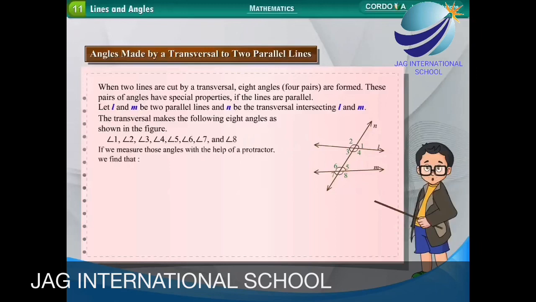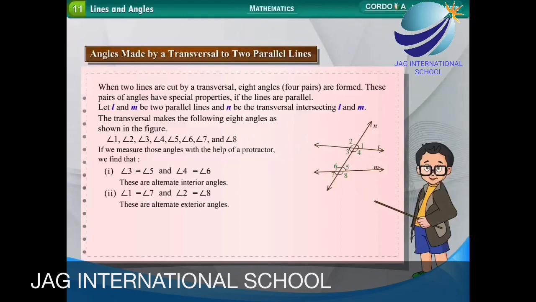If we measure those angles with the help of a protractor, we find that angle 3 is equal to angle 5 and angle 4 is equal to angle 6. These are alternate interior angles. Angle 1 is equal to angle 7 and angle 2 is equal to angle 8. These are alternate exterior angles.